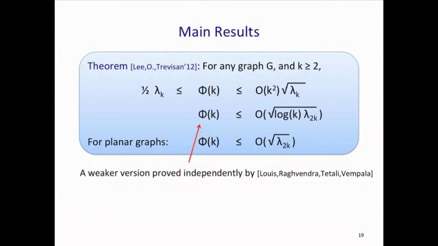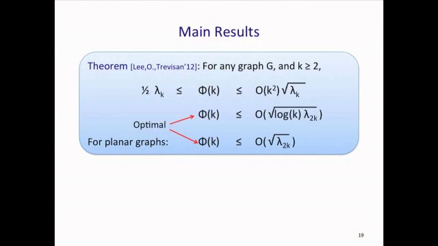A weaker version of the second result was proved independently by Lewis, Raghavendra, Tetali, and Vempala. Both the second and third results are optimal, up to constant factors. For the first result, we don't know. It's still an open problem.